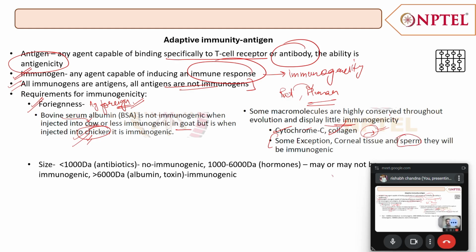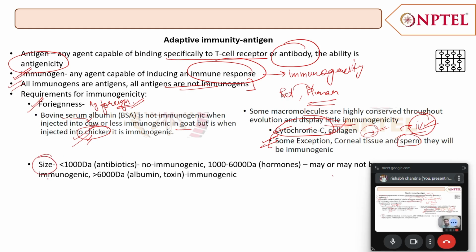If we inject sperm intravenously into the body, it can elicit an immune response because it is not normally in contact with the blood supply of that person. So these are the few exceptions in which the corneal tissue as well as the sperm can elicit an immune response in the same individual, while cytochrome C and collagen cannot elicit an immune response even in different individuals. The second property is size.